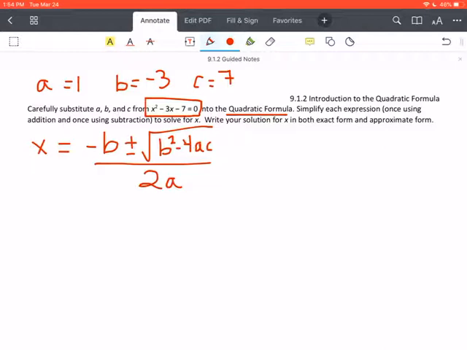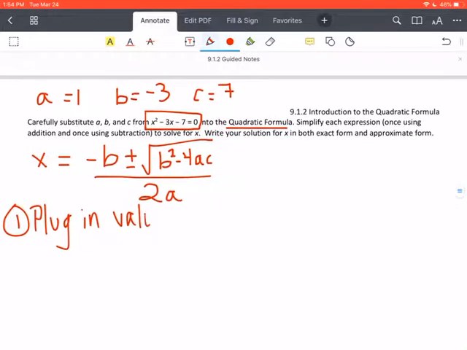So the first step of the quadratic formula, step 1, is to plug in values. Okay, so let's go ahead and plug in our values. So we have x equals, what is the opposite of negative 3? It's positive 3, plus or minus the square root of.